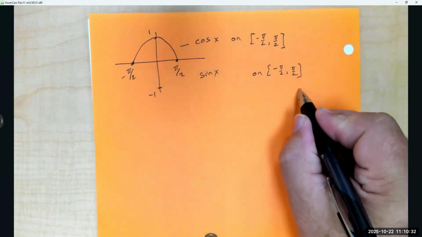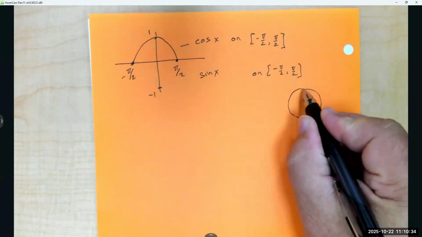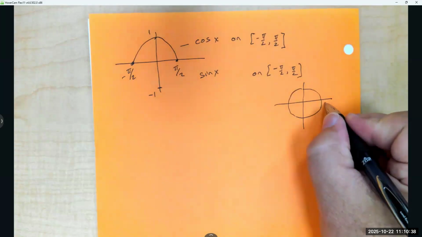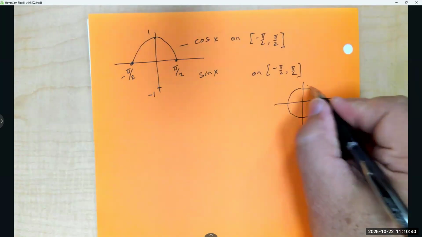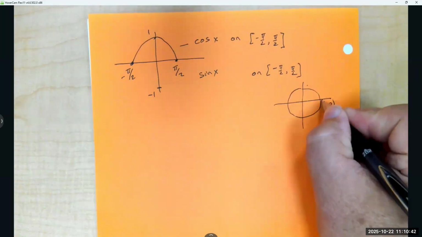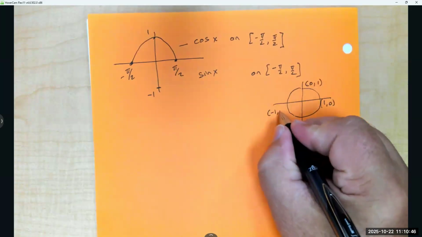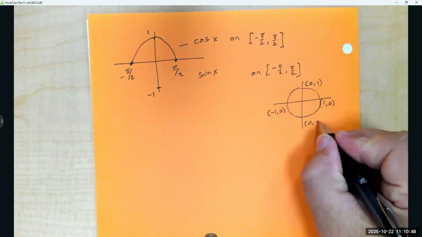Think about it. Let's look at the unit circle. This is 1 comma 0. This is 0 comma 1. This is negative 1 comma 0, 0 comma negative 1.